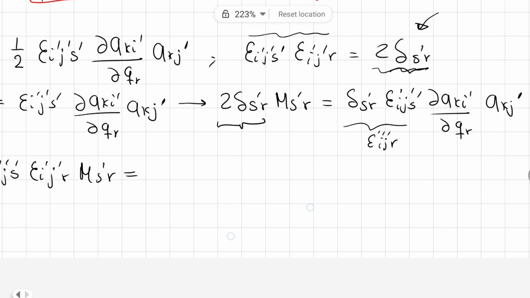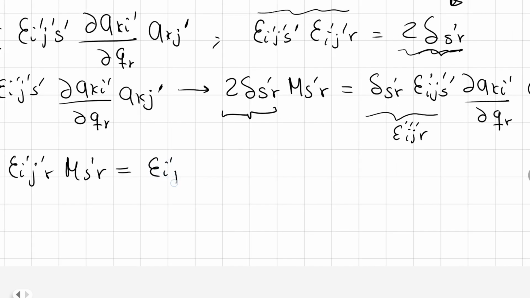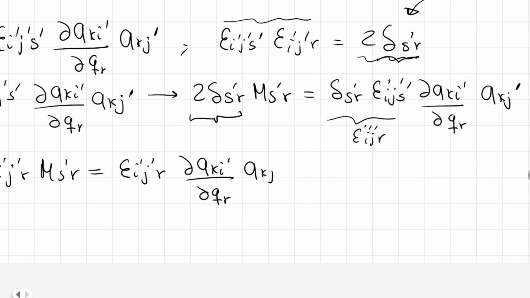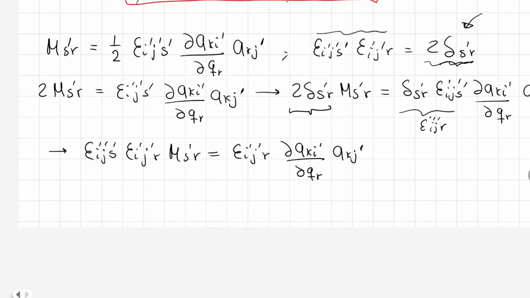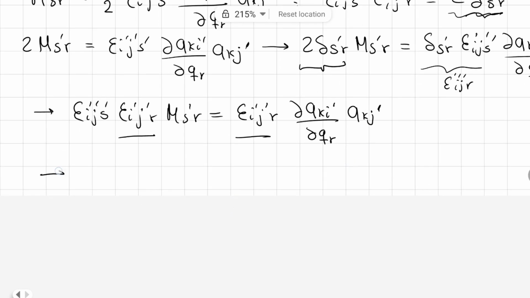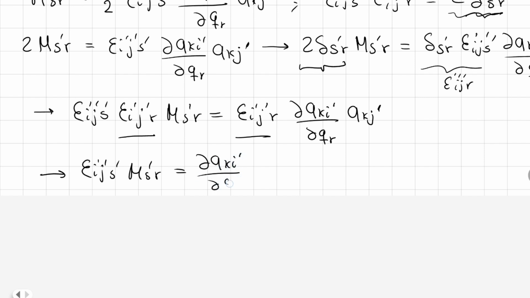So we get that this is EIJR, the partial of AKI with respect to QR times AKJ prime. Perfect. So noticing that we have the same Levi-Civita symbol on both sides of the equation, this equation is going to be equivalent to EIJS MSR equals the partial of AKI with respect to QR AKJ prime.